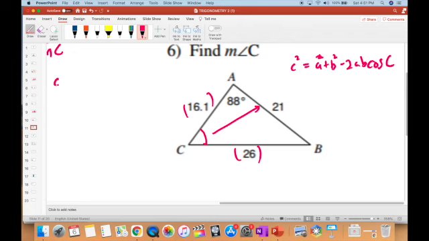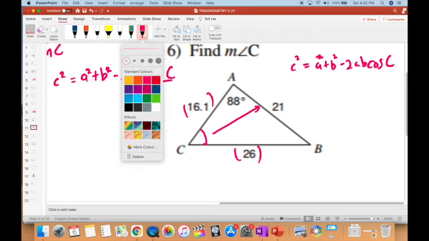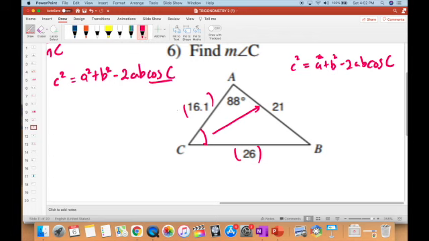C squared is equal to A squared plus B squared minus 2AB cos of C, and cos of C is what we want to find. So let's see how this is going to work now.